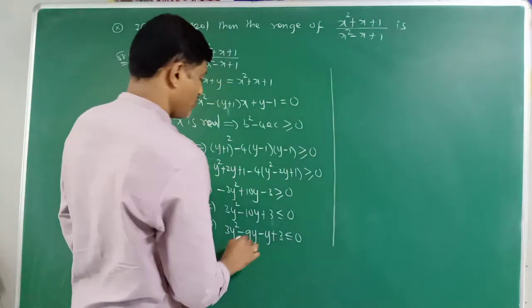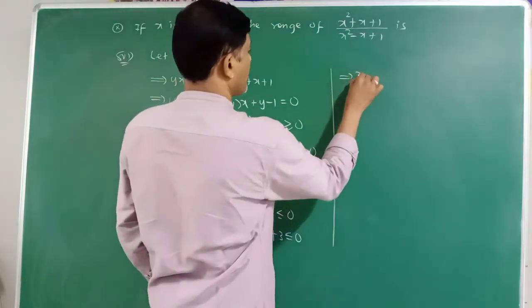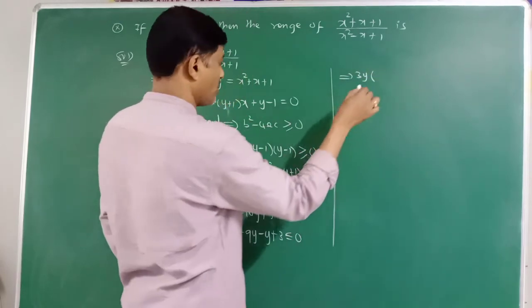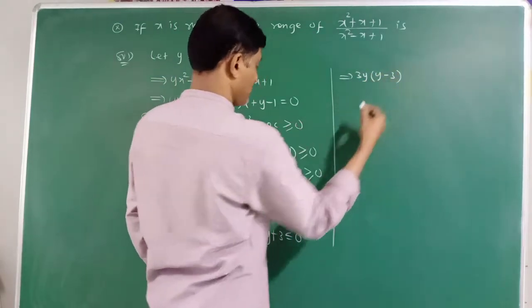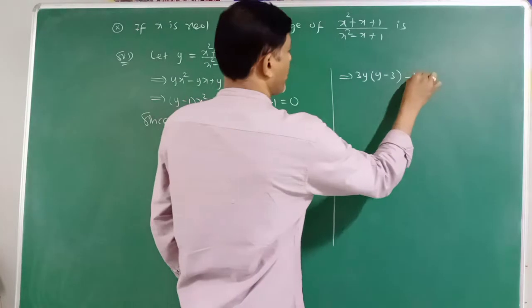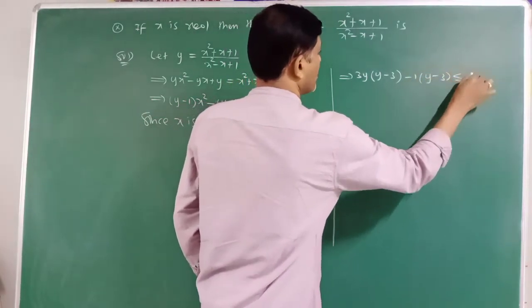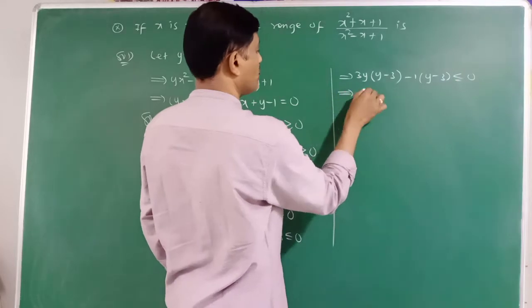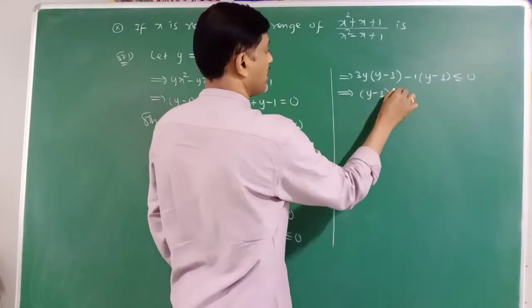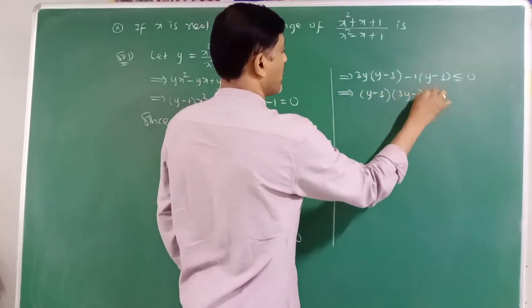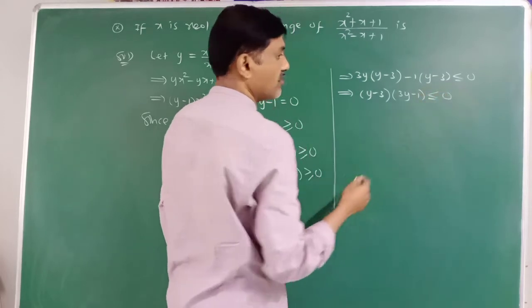First two terms have a common 3y, that is 3y times (y minus 3). Now minus y times (y minus 3) less than or equal to 0. Total common is (y minus 3) times (3y minus 1) less than or equal to 0.